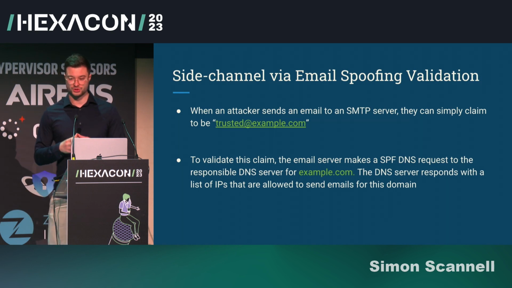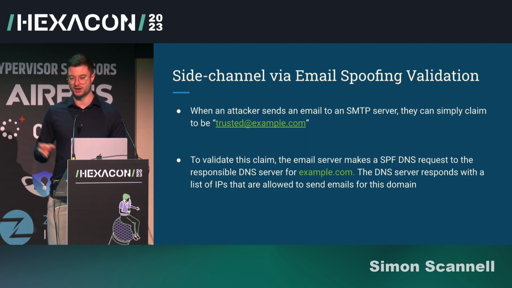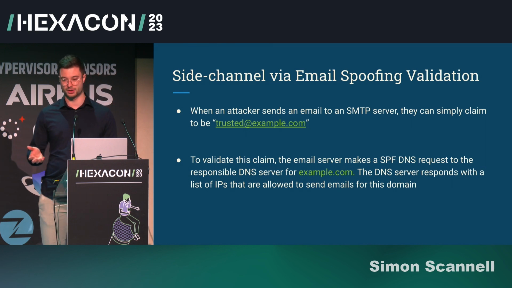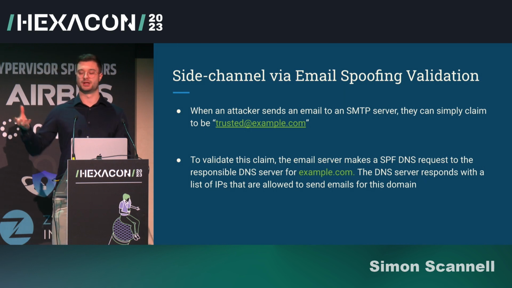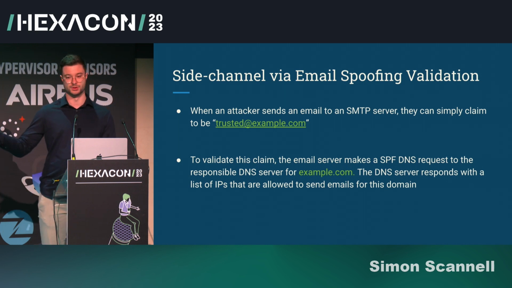Just to give a very, very quick and oversimplified intro on email spoofing validation: when an attacker, or anyone, sends an email to an SMTP server, they can simply claim to be anyone. They can claim, hey, I'm trusted at example.com. To validate this claim, the email server that receives the email asks the responsible DNS server for example.com which IPs can actually send emails in its name.